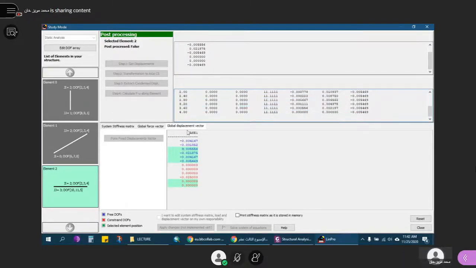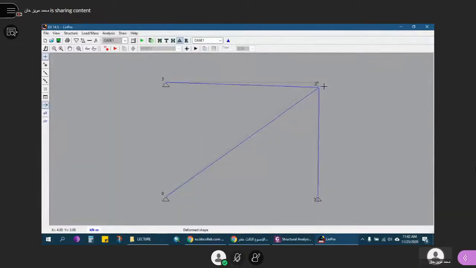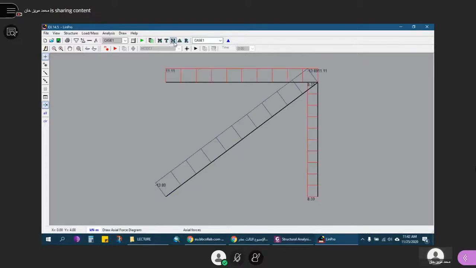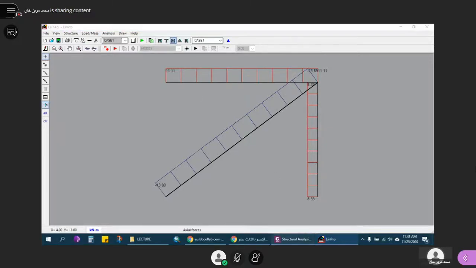So this is how you get the values of anything. From here you can get the reactions of the supports. From this you can see red is compression and blue is tension. As you can see here, minus value means tension, and plus is compression.